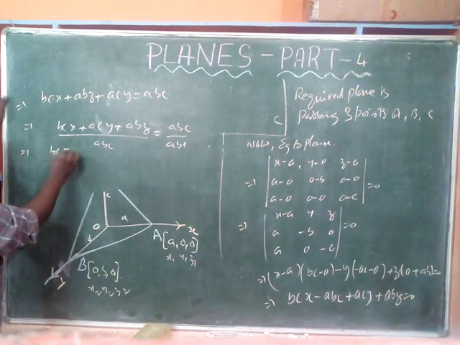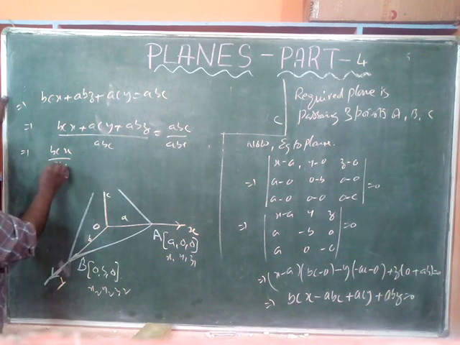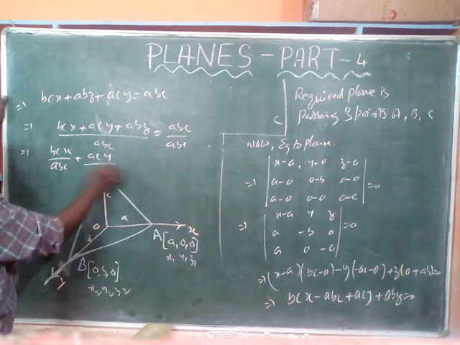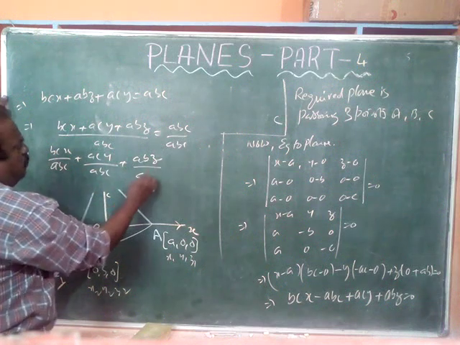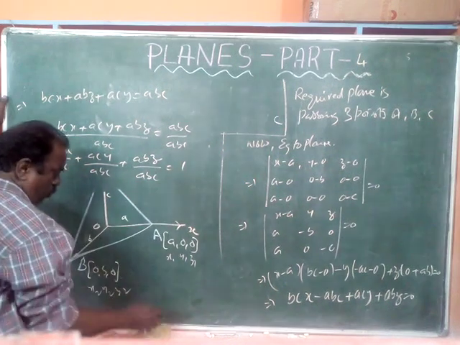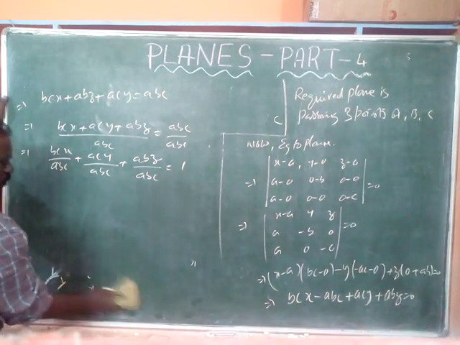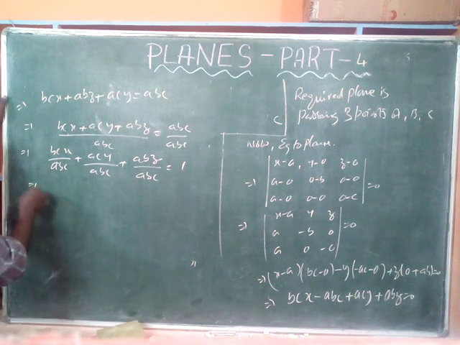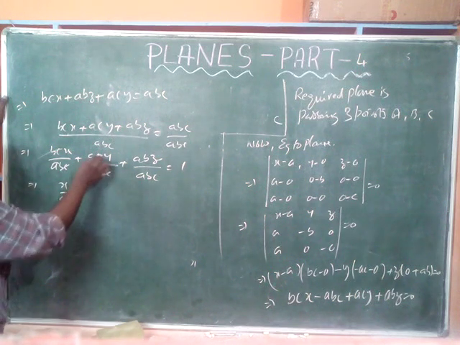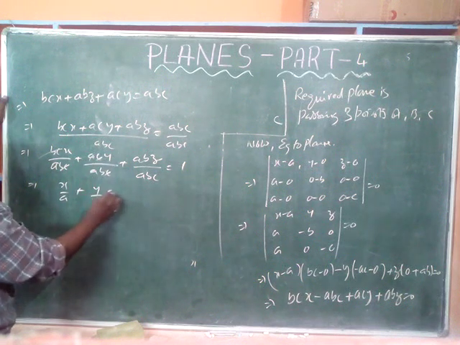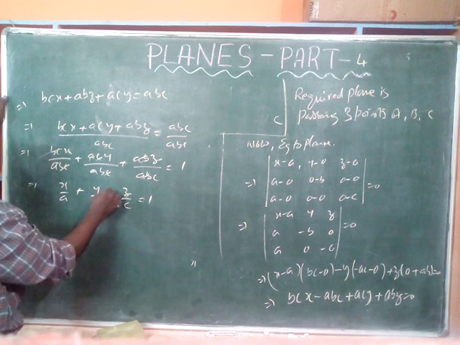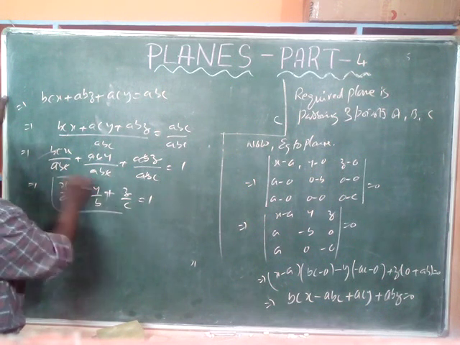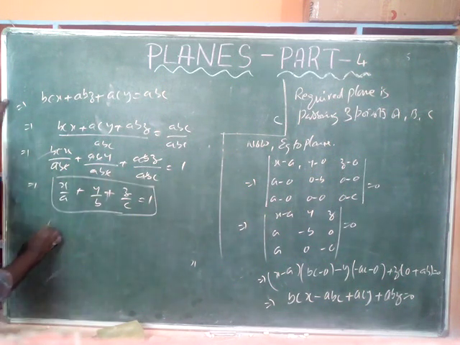That is bcx by abc, acy by abc, abz by abc is equal to 1. Okay, now bc cancels, x by a; ac cancels, y by b; ab cancels, z by c is equal to 1.